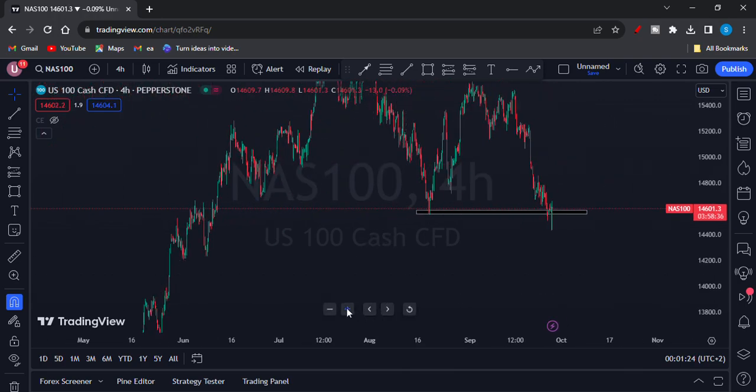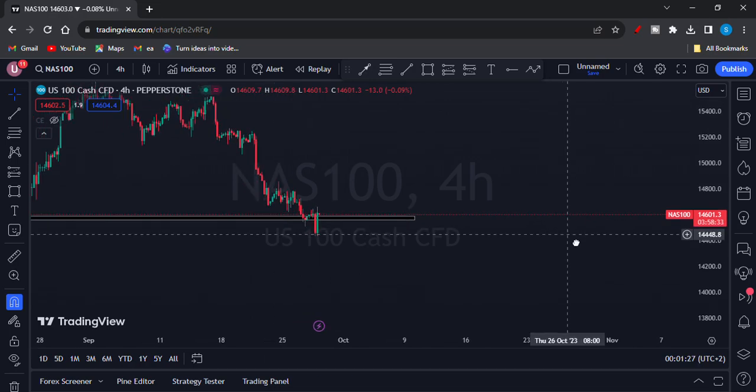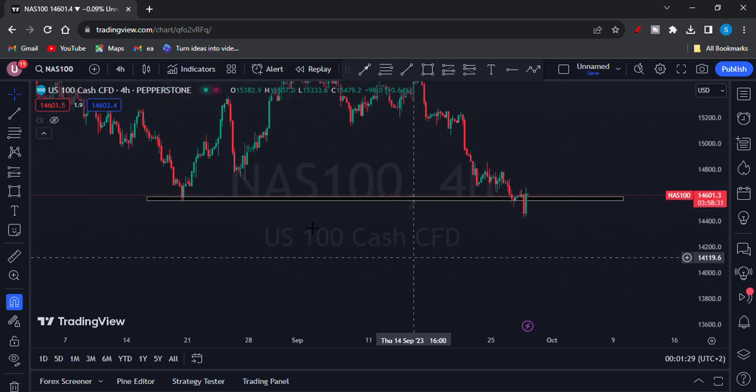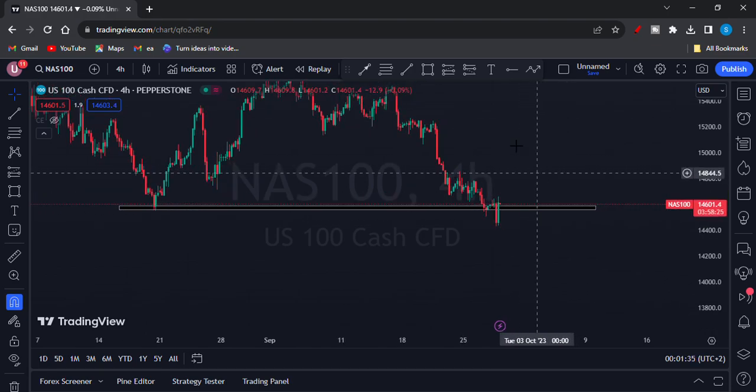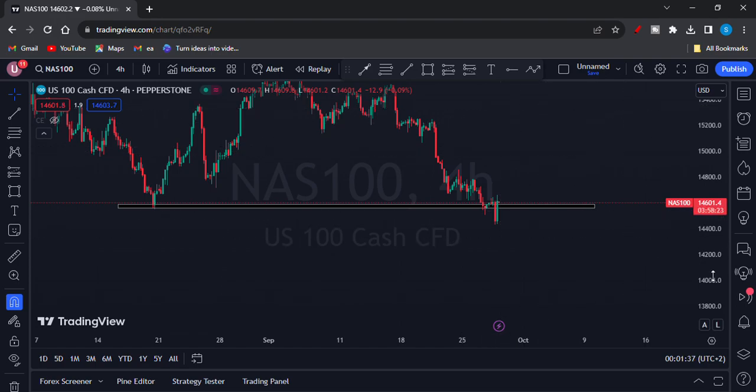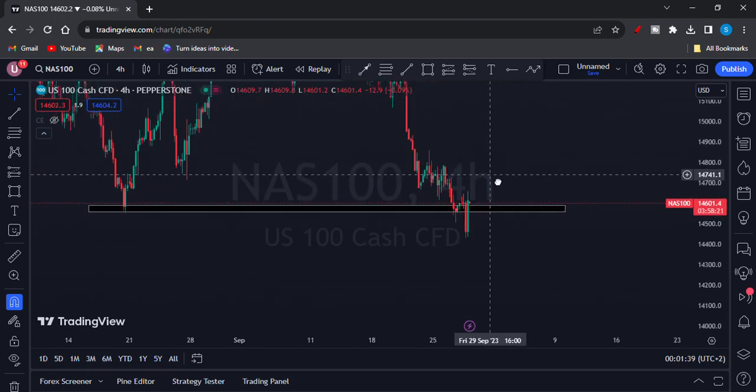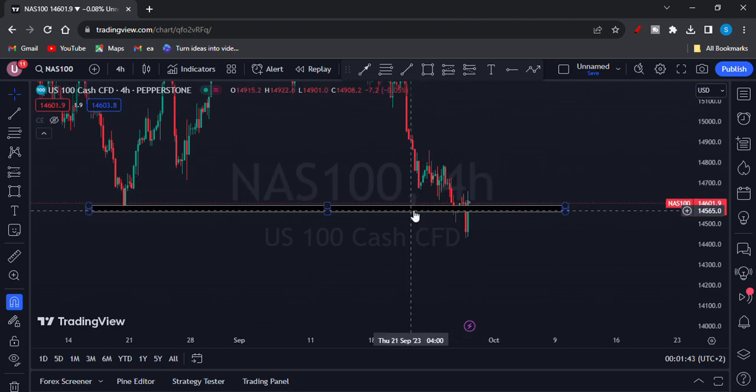Okay, so we have this zone right here, and then the market is currently playing around these areas. So there is a possibility that, in fact, let me take this out.